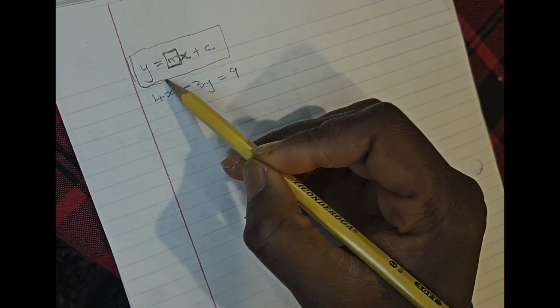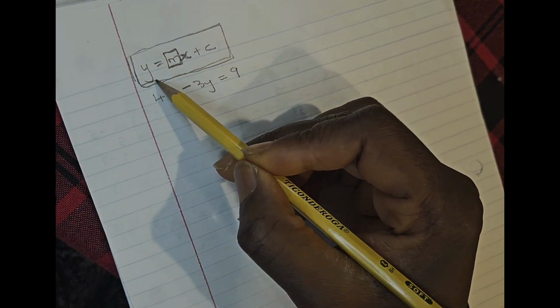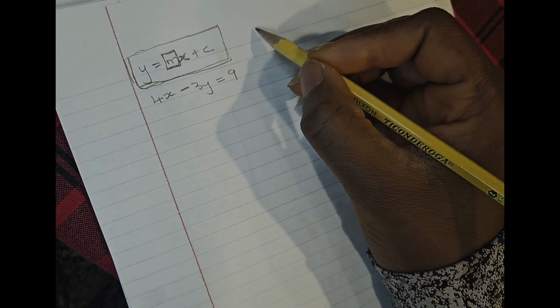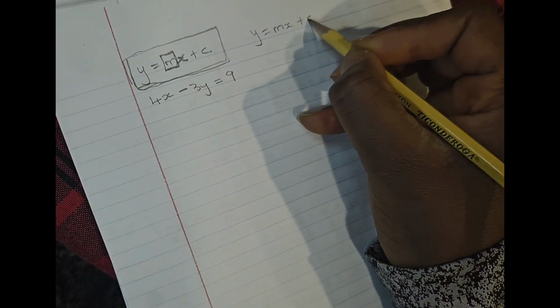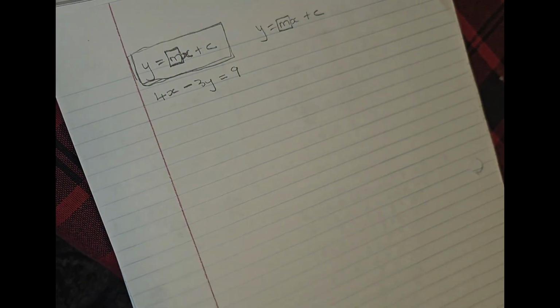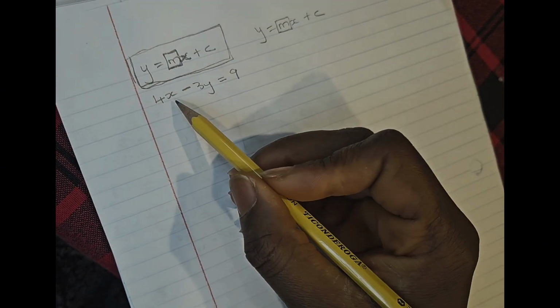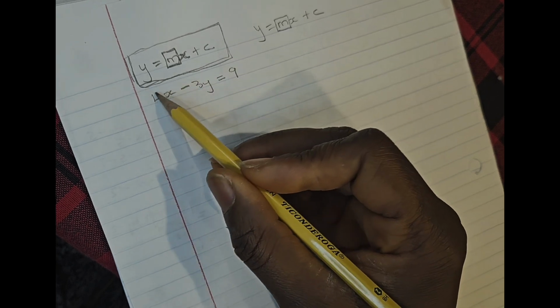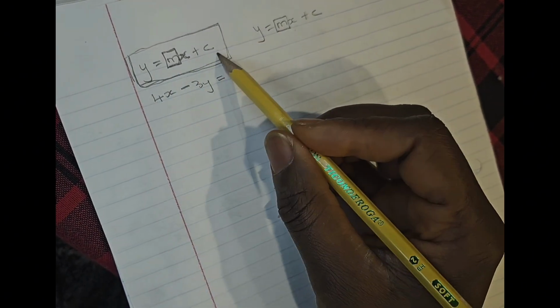For us to find the slope of a line, we must know the slope equation, which is y equals mx plus c, because m is the slope. So our goal in this problem is to write this equation to look like this first equation that I wrote.